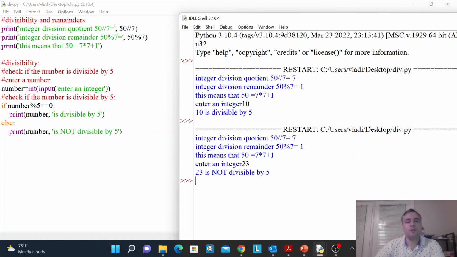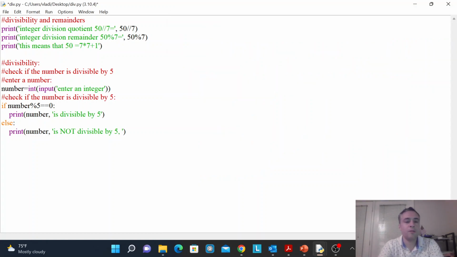So number %5 means the remainder when divided by 5. And in the else case, I can actually print the remainder. So comma, the remainder is not 0.